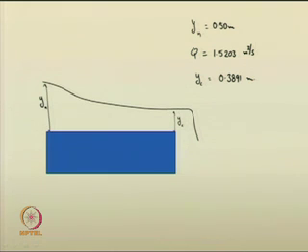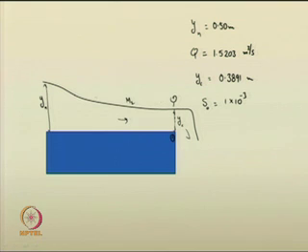Then you came to know that this is an M2 profile, isn't it? You had also evaluated the bed slope to be S0 equal to 1 into 10 to the power of minus 3 in this particular case. So, the flow is in this direction. Now, this is your brink, which can be considered as channel section 1.